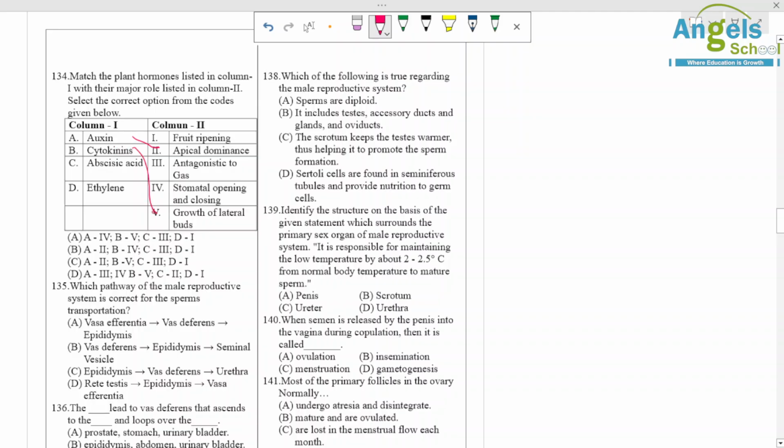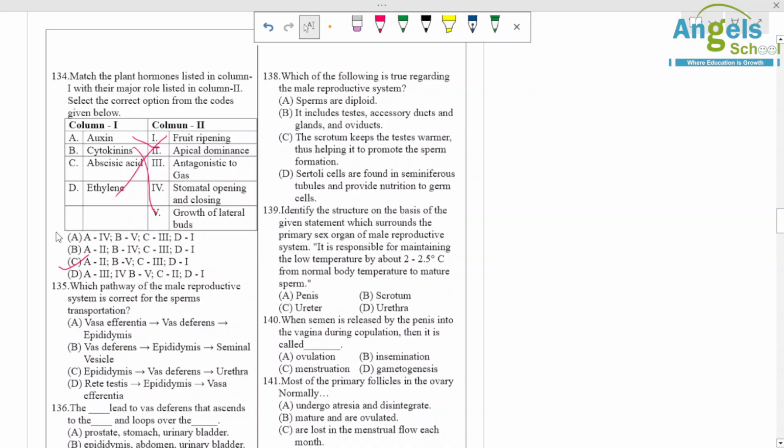Then abscisic acid is an antagonist to gibberellic acid, and ethylene is responsible for ripening of fruit. Okay, so option C is correct.